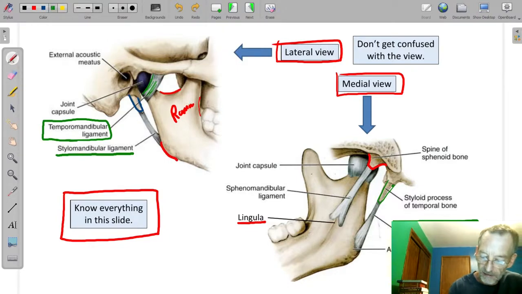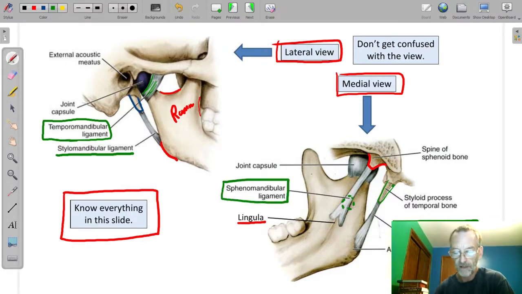So that is kind of hidden by the sphenomandibular ligament. And you know what nerve passes through the mandibular foramen? The IA nerve. The inferior alveolar, which is innervating all of the teeth.